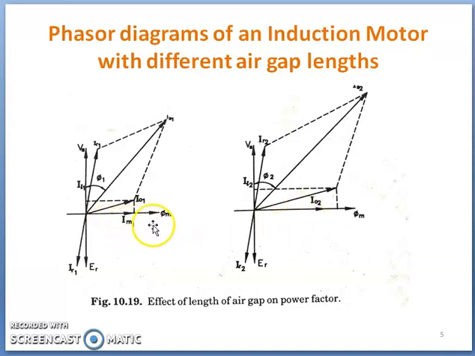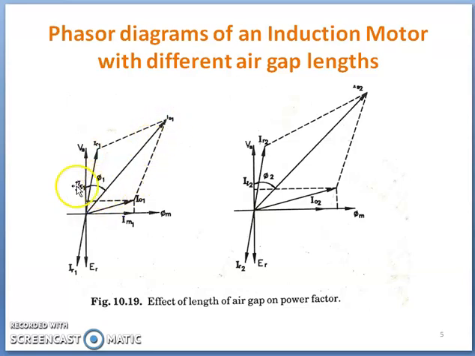If you compare values of magnetizing current drawn by machine 1 having less air gap with machine having more air gap, value of Im1 is less than Im2. Then what is effect of this magnetizing current on power factor?